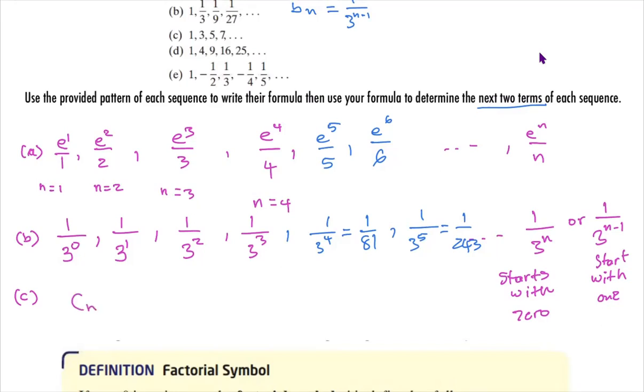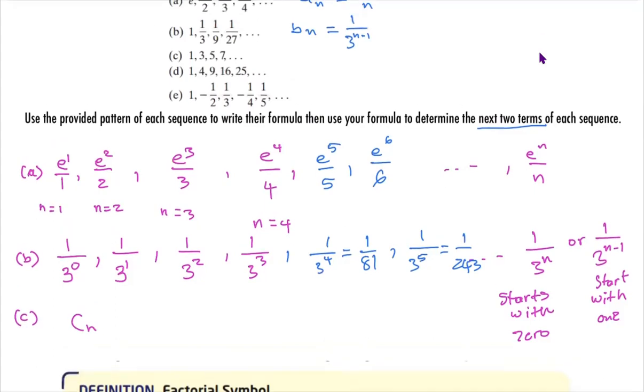Now, how do you generate them? When n equals 1, we want odd numbers, so you get 1. Now, how do you get 3? You need to find a formula that when you plug in 1, it's still 1, and when you plug in 2, it gives you 3, right?